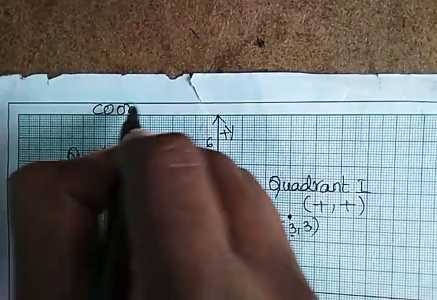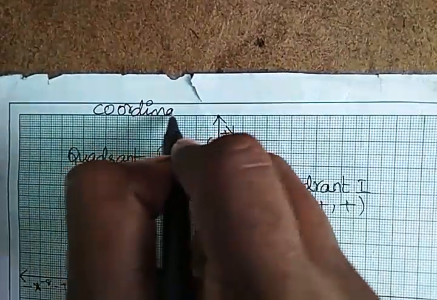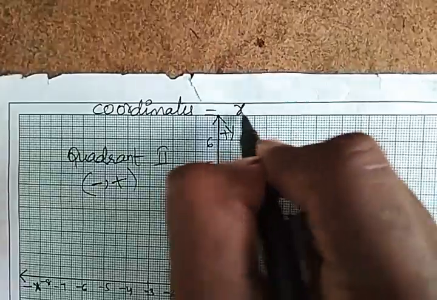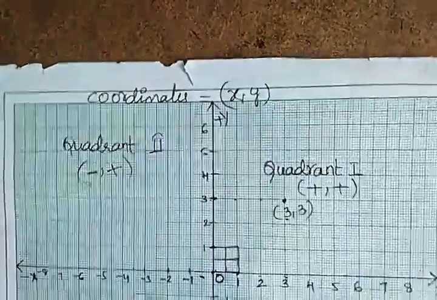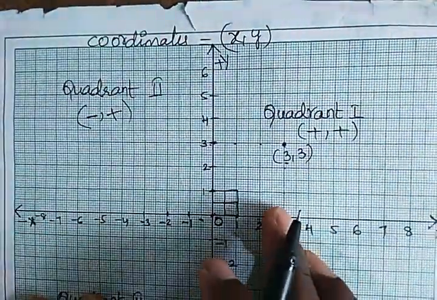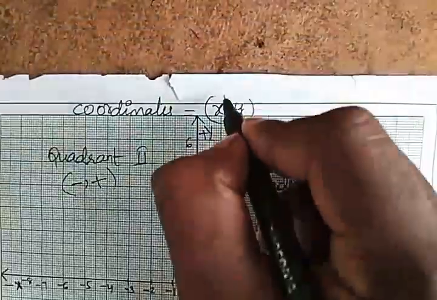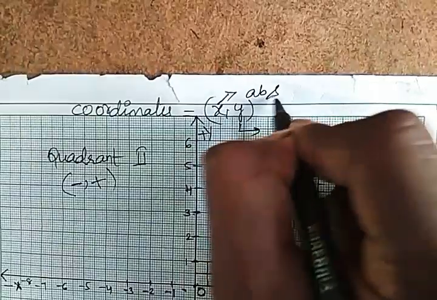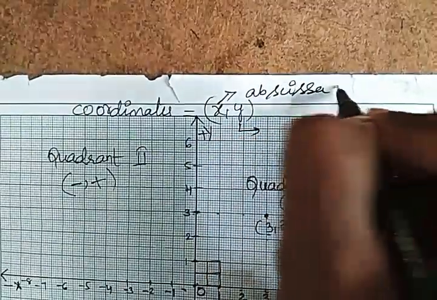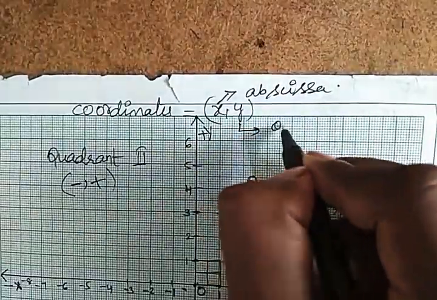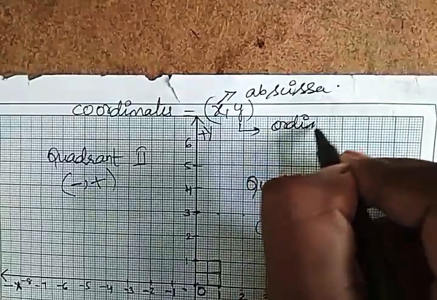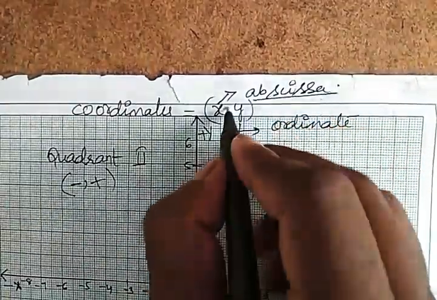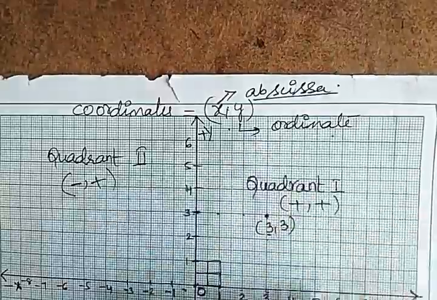For the x value and the y value, names have been given. The x value is called abscissa, and the y value is called ordinate. Remember these names. Abscissa means x value, ordinate means y value.